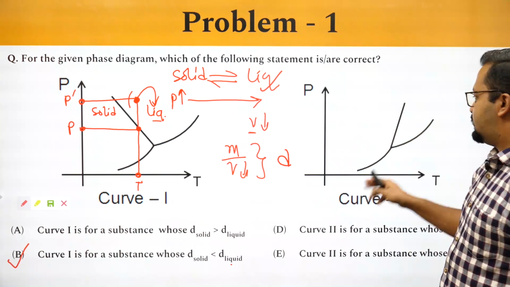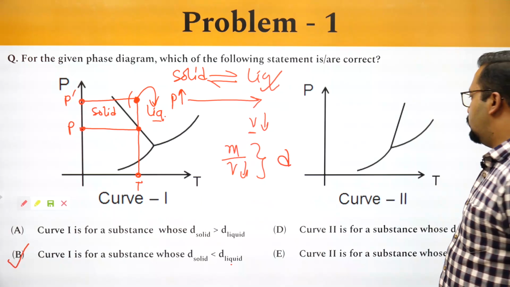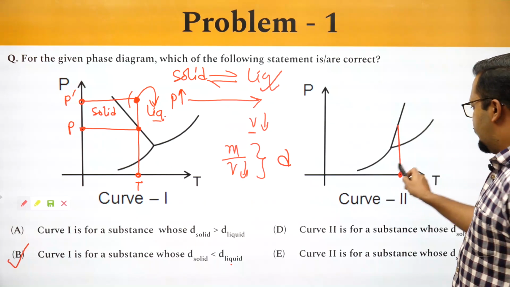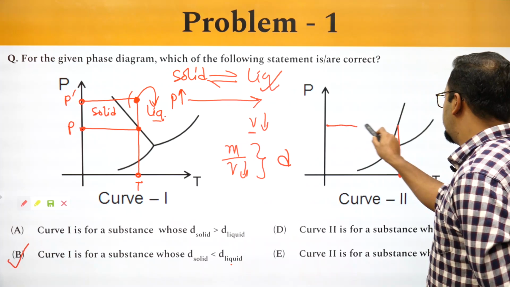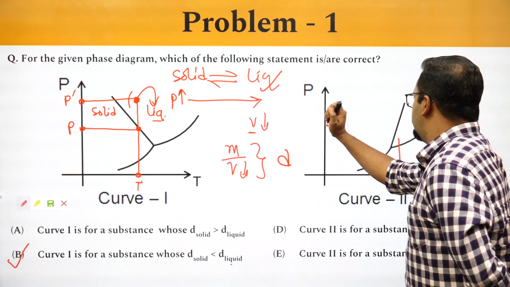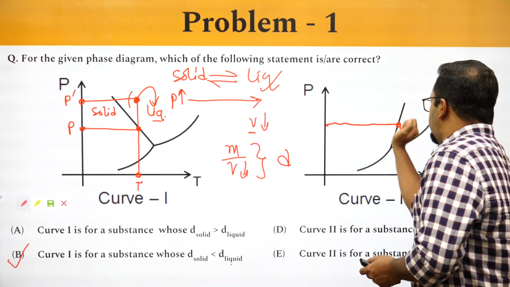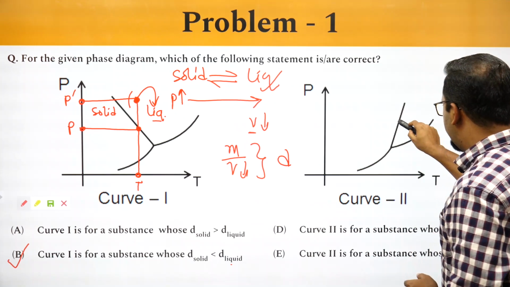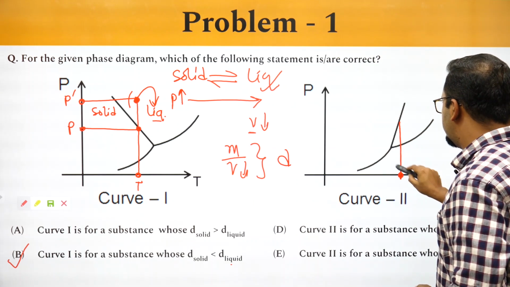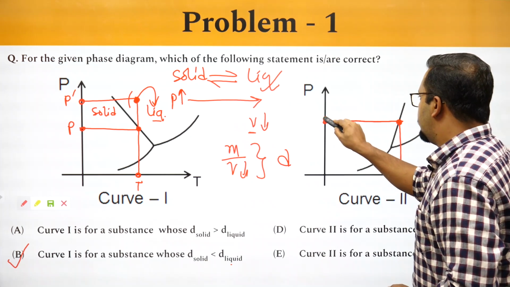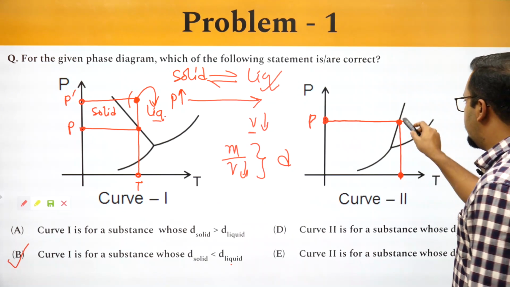Let's apply the same concept for curve 2. I take the same method. I keep the temperature constant and then I take a pressure condition.